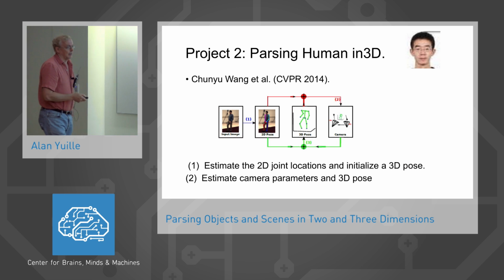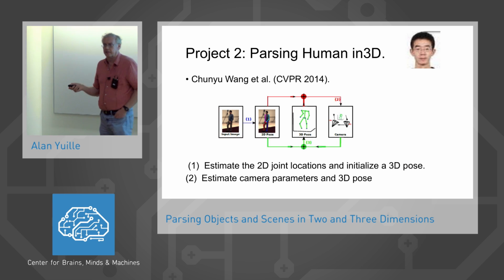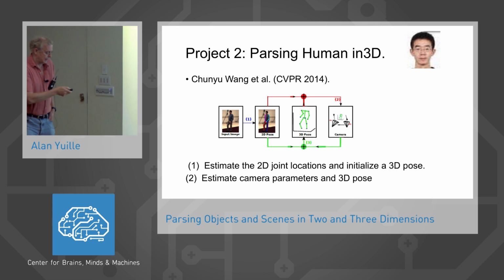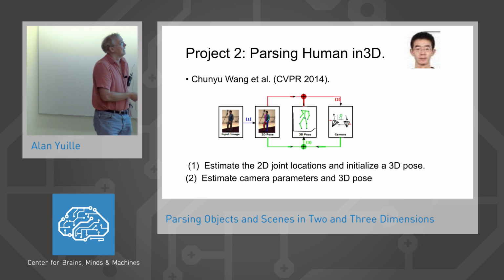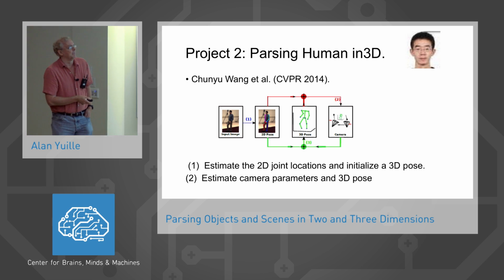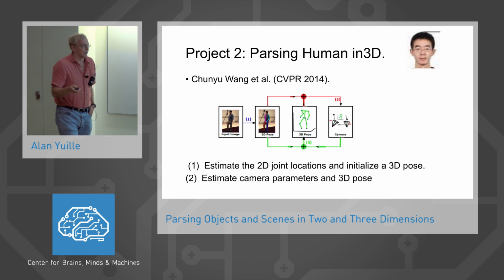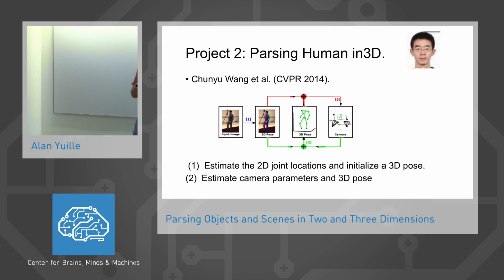Okay, so that was detecting objects in 2D and certain limitations with the models of the parts. And I guess increasingly, at least in computer vision terms, and I have no idea necessarily about psychophysics, it seems that a lot of the models ought to be more 3D, so that when you recognize an object, you're taking into account not just its 2D structure, but the 3D properties of it.